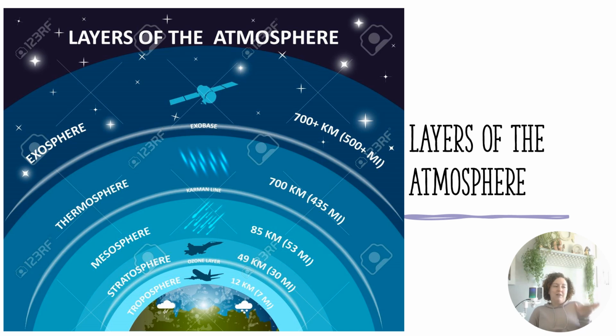We get the Kármán line, but we don't really talk about the Kármán line. The thermosphere, and then you get the exobase, which we also call the ionosphere, and then we get the exosphere. Okay, things like that. There is so much more happening up above our heads than we can even imagine.